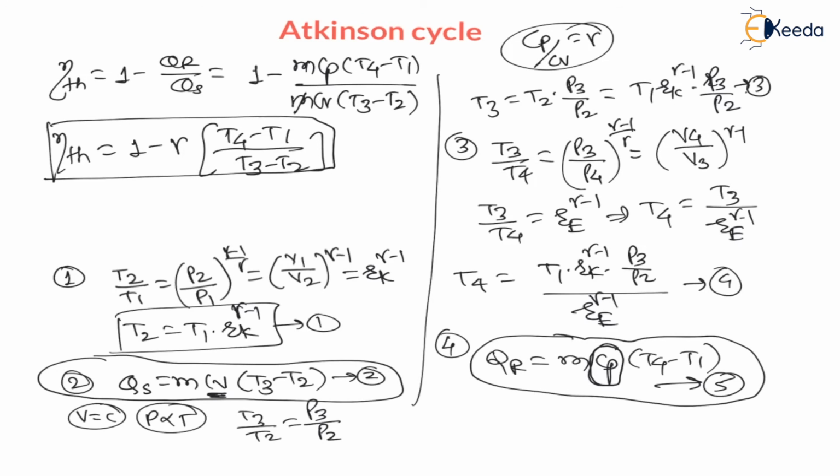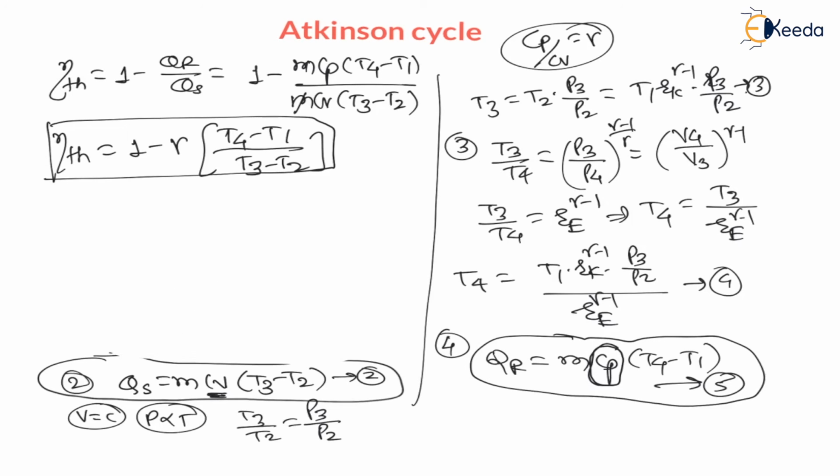And my dear students, if we replace T4, T3, T2 in terms of T1, that is T4 from equation 4, T3 from equation number 3, and T2 from equation number 1, and put them here, then you will find the efficiency formula.